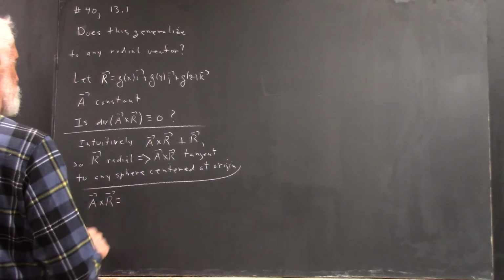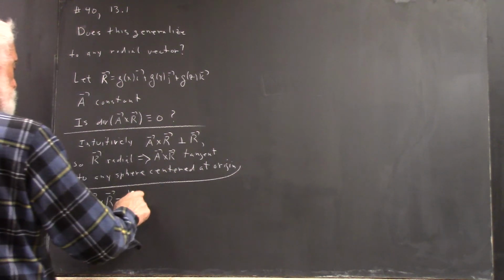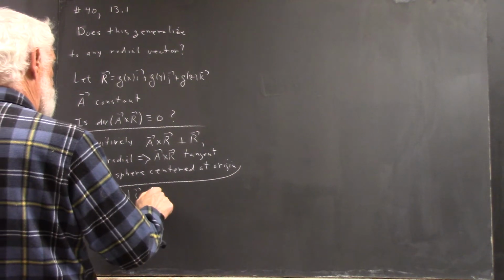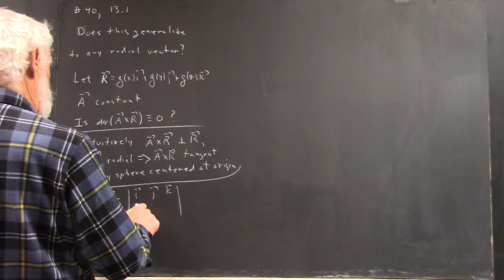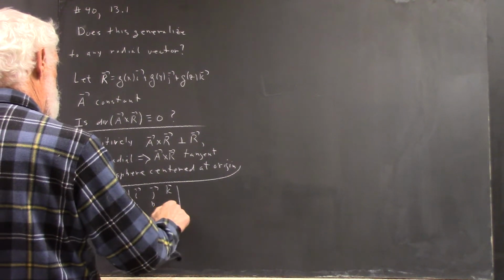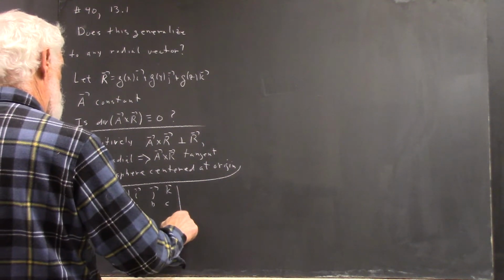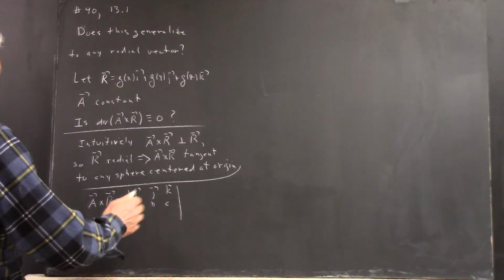Okay, so A cross R, and we'll go ahead and use a determinant. I like to use a distributive law, but in this case, the determinant is more convenient.